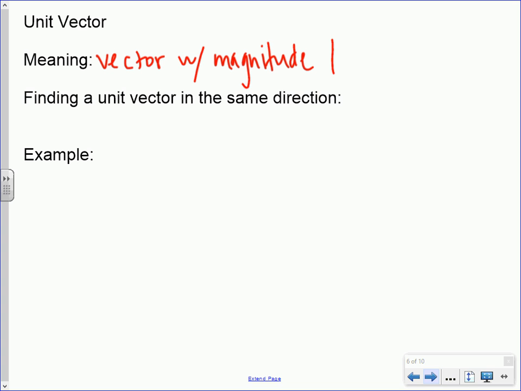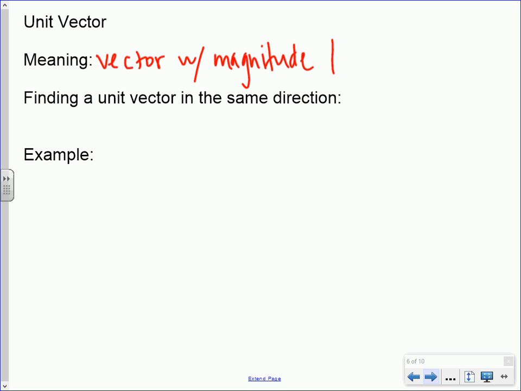Okay, a vector with magnitude 1. So if you recall way back to chapter 6, we took a vector and we made a unit vector going in the same direction.